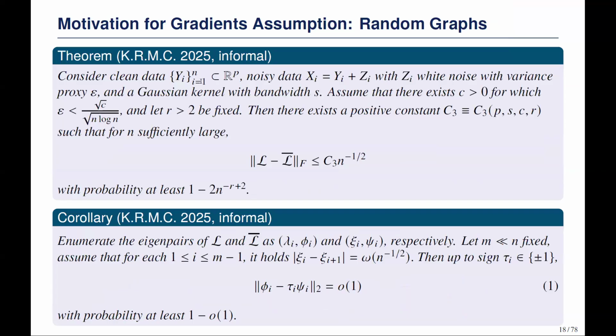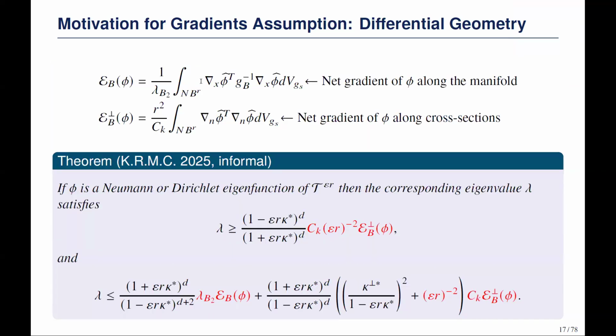Hi, Alex. So could you explain what is kappa perp? There's so many notations. Oh yeah, no, sorry. So the kappa is the curvature of your manifold. Okay. Yeah, sorry. Thank you. Oh, kappa perp. Oh shoot. I apologize. I have to remember. I forget.